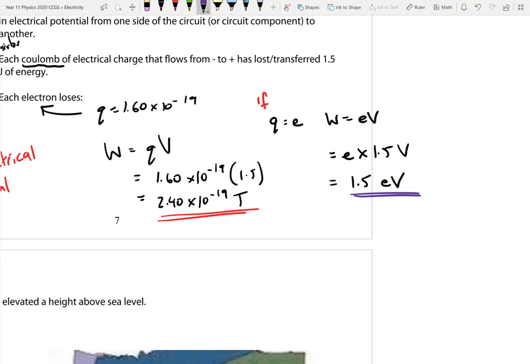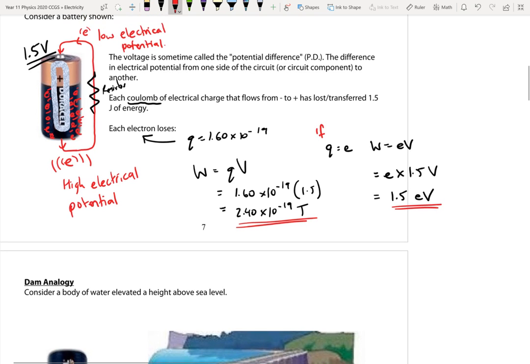This was our unit, the electron volt. And so now it might start to make more sense when I explained in nuclear physics that the electron volt is the energy that an electron gains as it is accelerated over a potential difference of 1 volt. This electron did 1.5 eV of work.